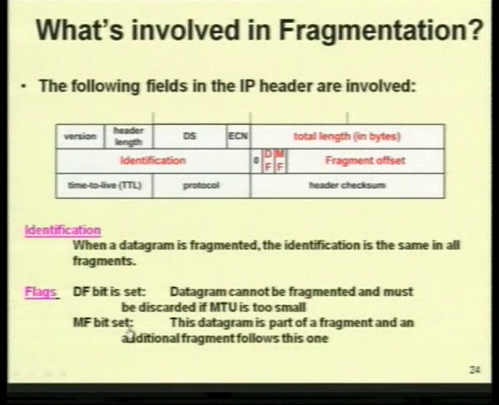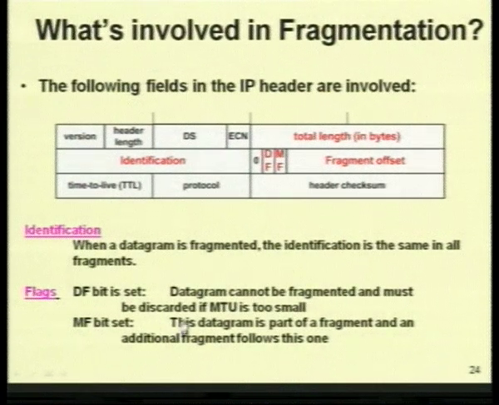It indicates that more fragments are to follow, so this datagram is part of a fragment and an additional fragment follows this one. If the MF bit is equal to 1, more fragments are going to come. If the MF bit is equal to 0, this is the last fragment. So the MF bit tells you whether there are more fragments to follow and whether this is the last fragment.